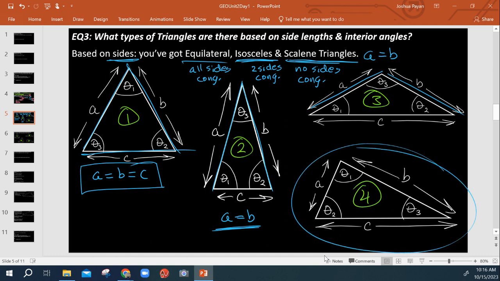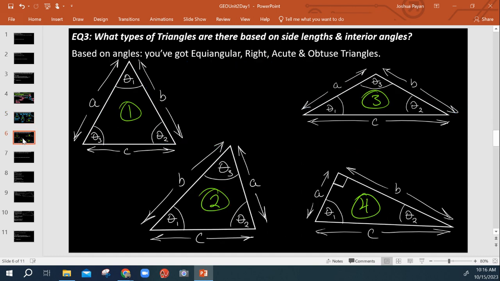So if we look at triangle four here, the ugliest looking one out of the four, we clearly see A is not equal to B is not equal to C. None of these are equal in any way. They're all different lengths.